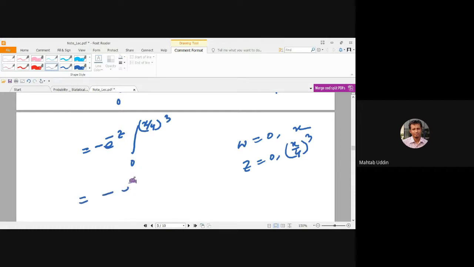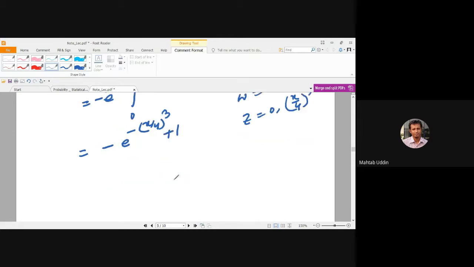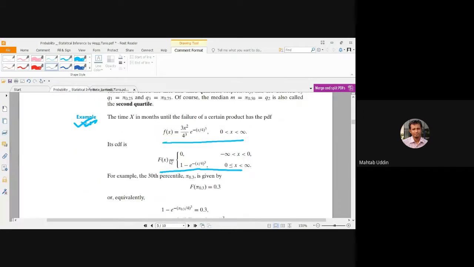It will be minus (x by 4) whole cube, minus 1, plus 0, that is 1 minus e to the power minus (x by 4) whole cube. This is valid for 0 less than x less than infinity and 0 otherwise. Do you understand how they have written it? Yes, sir.